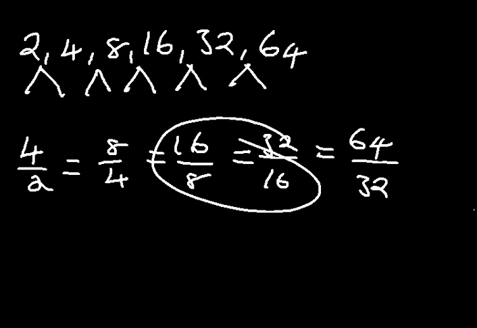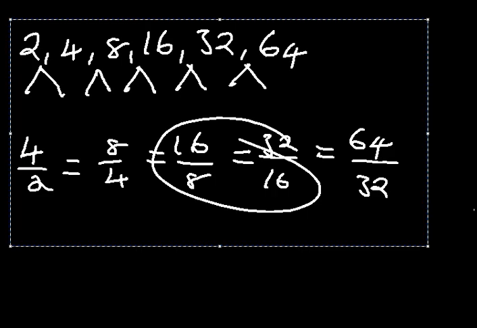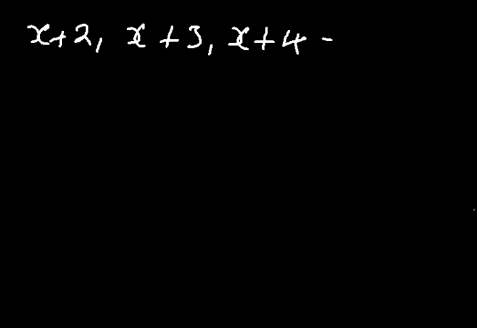Now if this is the case, let's say we have this kind of scenario. Let's say we have the geometric progression series given as x plus 2, x plus 3, x plus 4, and assuming that this is a geometric progression series, what is the value of x and the values of the first 3 terms?